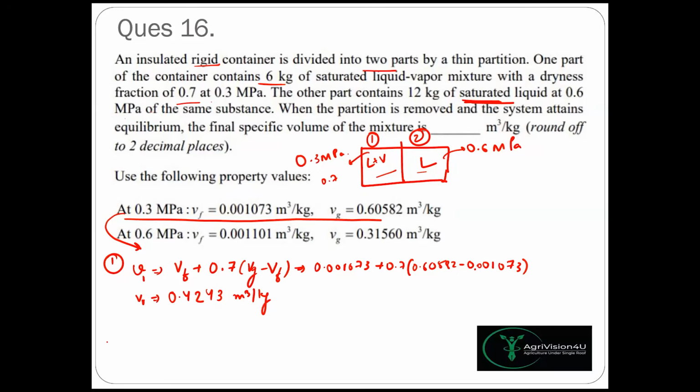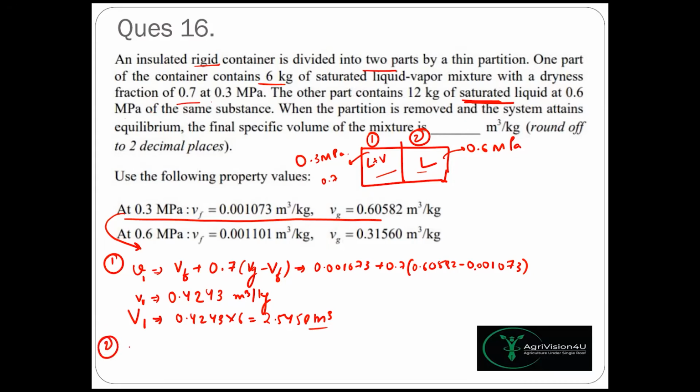And the total volume would be, because the mass is given as 6 kgs, so what we can do is multiply this 0.4243 by 6 and we'll get the total volume. That means the total volume of the first will be equal to 0.4243 multiplied by 6, and that will be equal to 2.5458 meter cube.